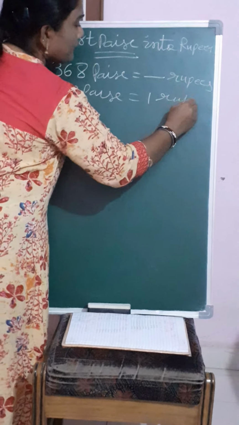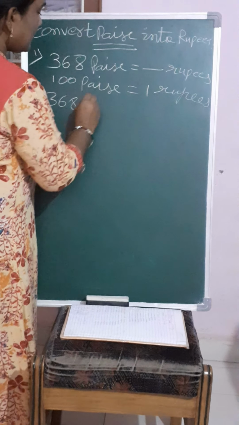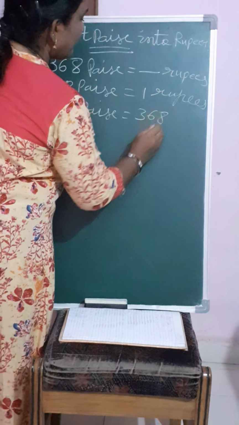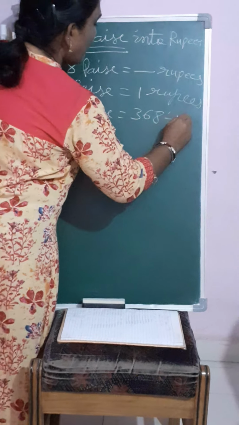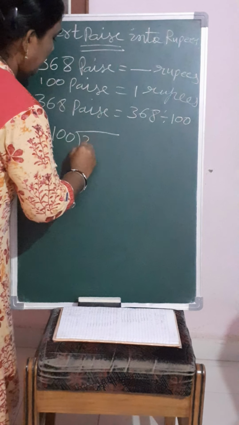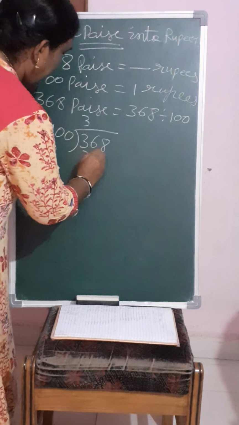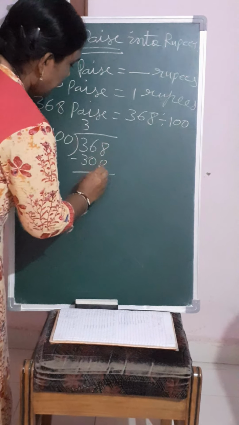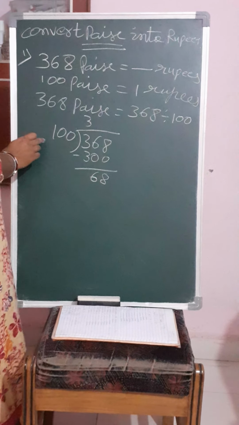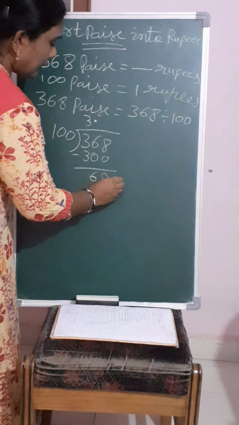Okay, so 368 paisa equal to 368 divided by 100. Now we will divide here. 368. 100 3s are 300. Now 8 minus 0, 8. 6 minus 0, 6. Now if you put the decimal here, automatically the 0 will come here.